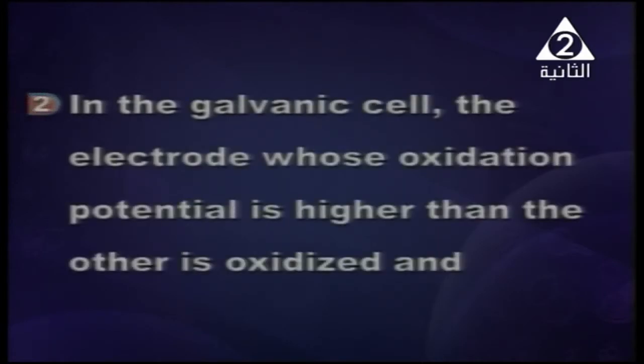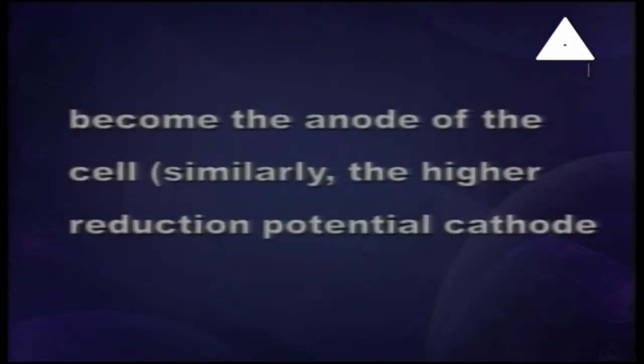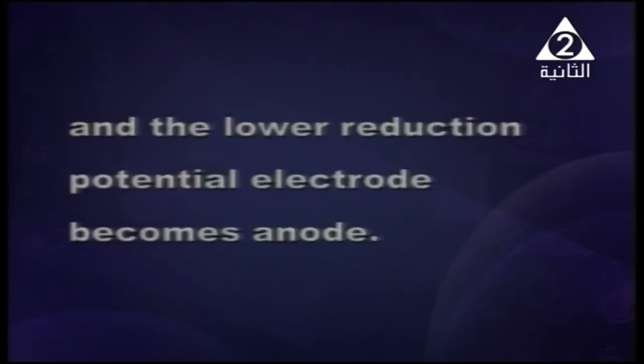Number 2, in the galvanic cell, the electrode whose oxidation potential is higher than the other is oxidized and becomes the anode of the cell. Similarly, the higher reduction potential electrode becomes the cathode and the lower reduction potential electrode becomes the anode.